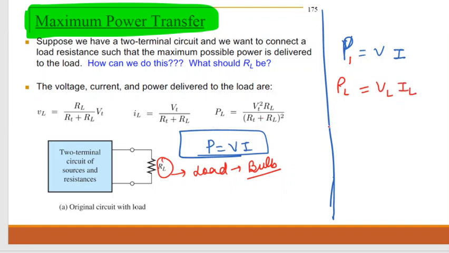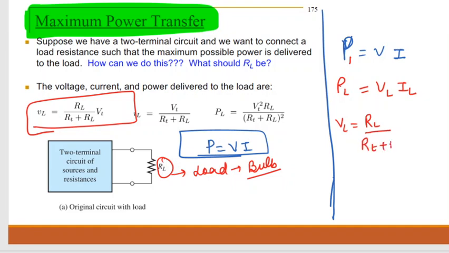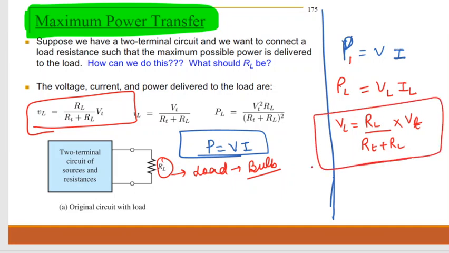Yes or no? So VL is how much? You already calculated. VL is equal to RL divided by RT plus RL into VT, which you have already studied in the Thevenin theorem, right?